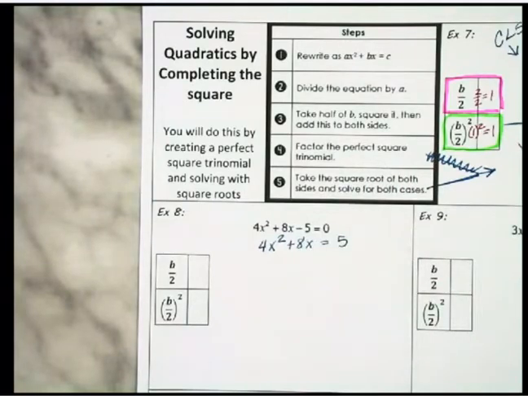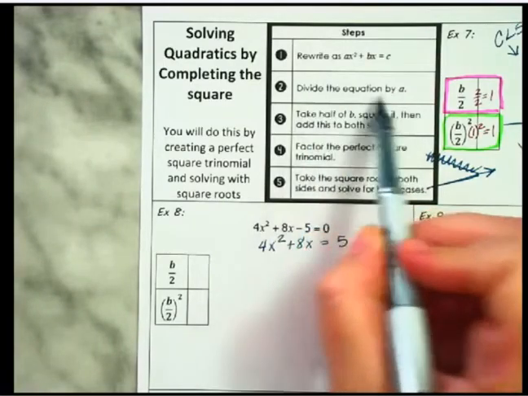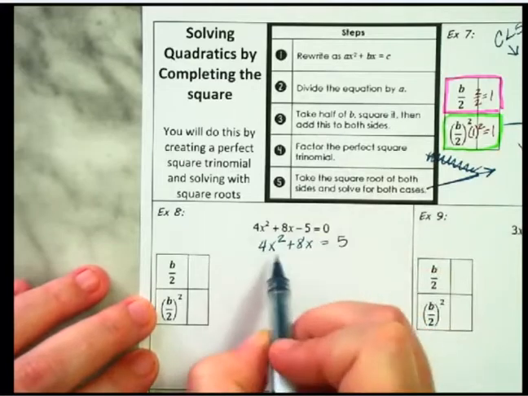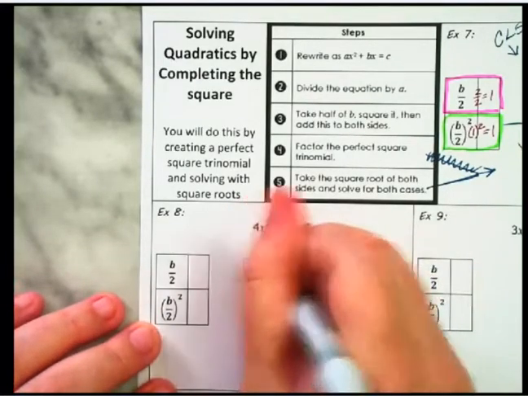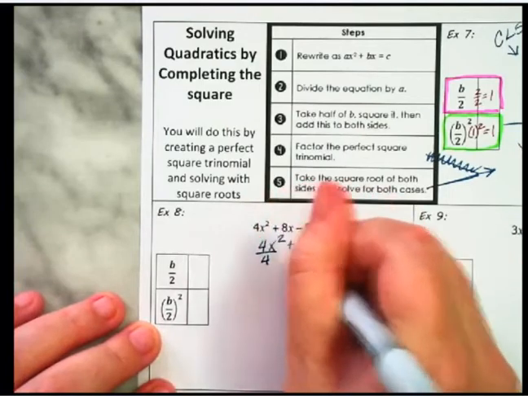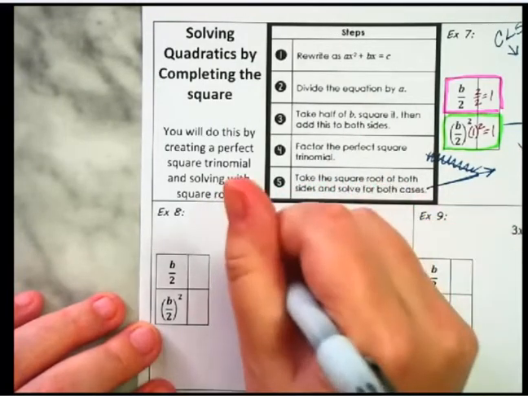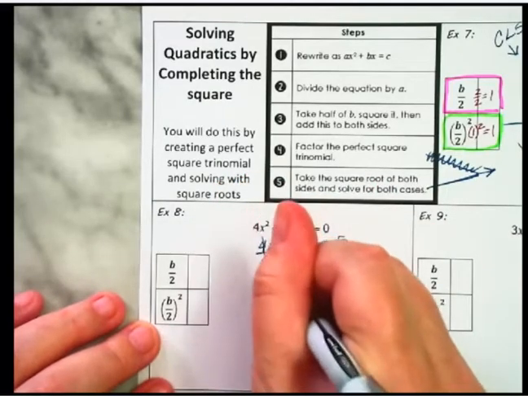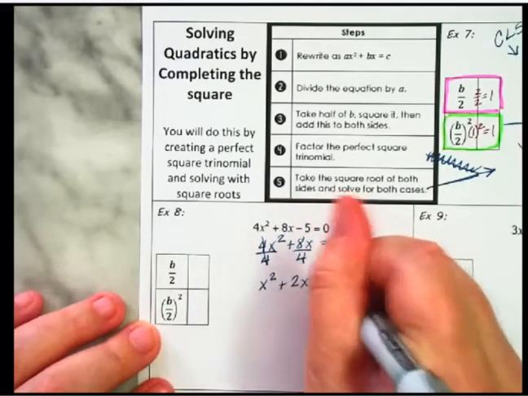All right, step 2, which we didn't have to do the first time, we're going to divide the equation by a. So divide everything by 4. I always want the a value to be equal to 1 when I'm doing this. So let's divide everything by 4. Okay, so now I have x squared plus 2x equals 5 over 4.